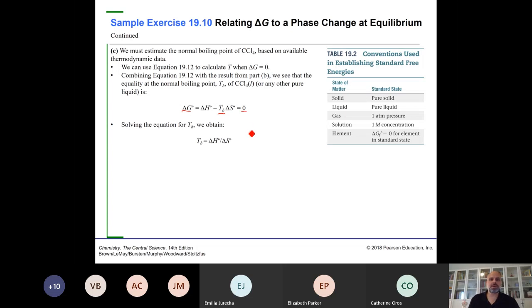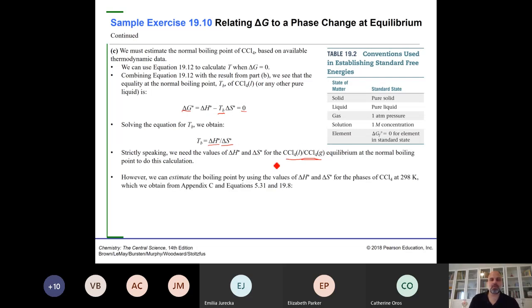So solving for the equation, we obtain that T sub B is equal to delta H over delta S naught, right? The standard enthalpy and entropy. Strictly speaking, we need the values of delta H and delta S for the carbon tetrachloride as a liquid over carbon tetrachloride as a gas equilibrium at the normal boiling point to do this calculation.